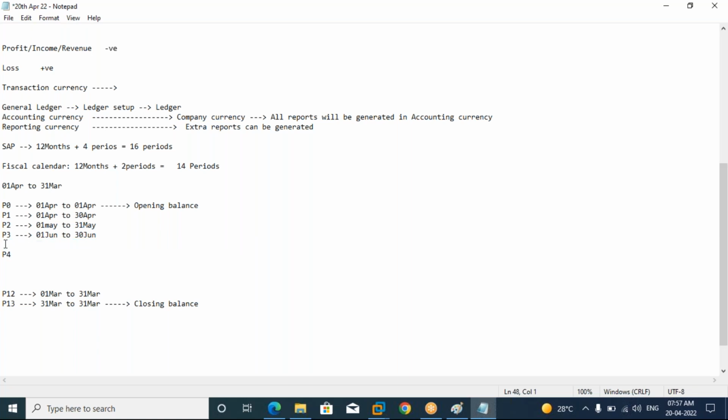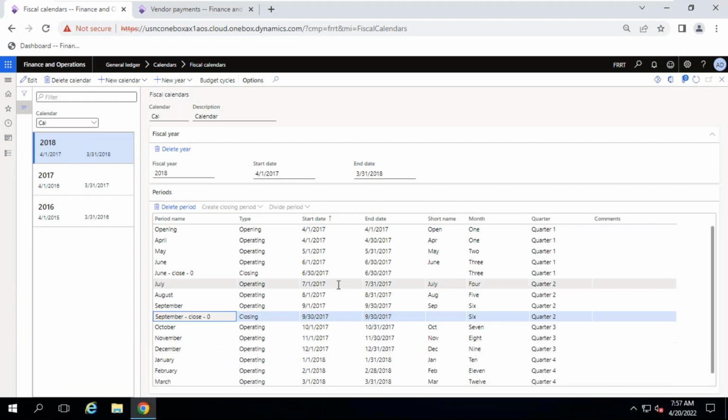Usually it will not be created. But if there is a business requirement, you can create it. In my previous session, an SAP consultant asked because in SAP we have some extra periods, so how is it possible with 14? I told him yes, you can create whatever you want in between.